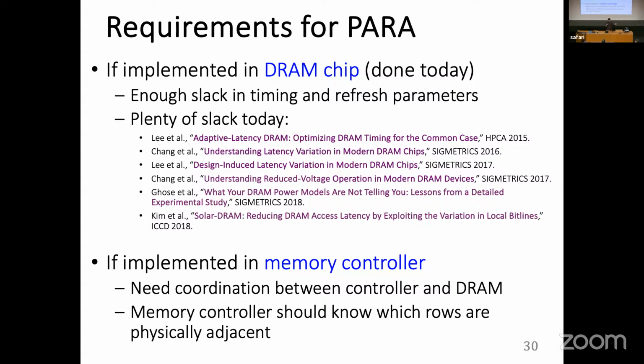And this goes back to the earlier adjacency discussion that we just had. Because of the existence of those non-trivial mappings, this becomes a challenge in implementing PARA in the memory controller, because if you don't even know what the adjacent rows of the aggressor row are, then you could be doing useless victim row refreshes.